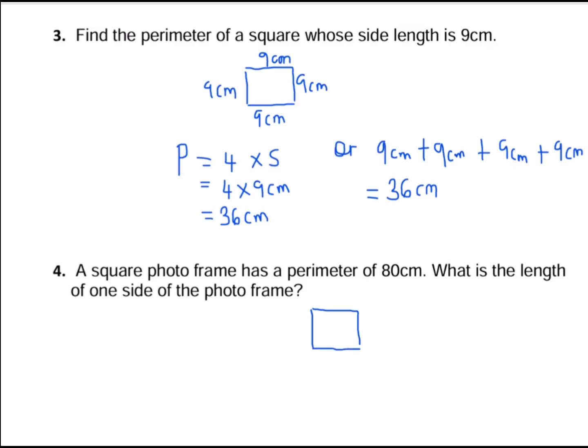I'm given the perimeter of a square, which is 80 centimeters. So the question asks me to find the length of one side. So length equals perimeter divided by 4. You see, a square has 4 equal sides.